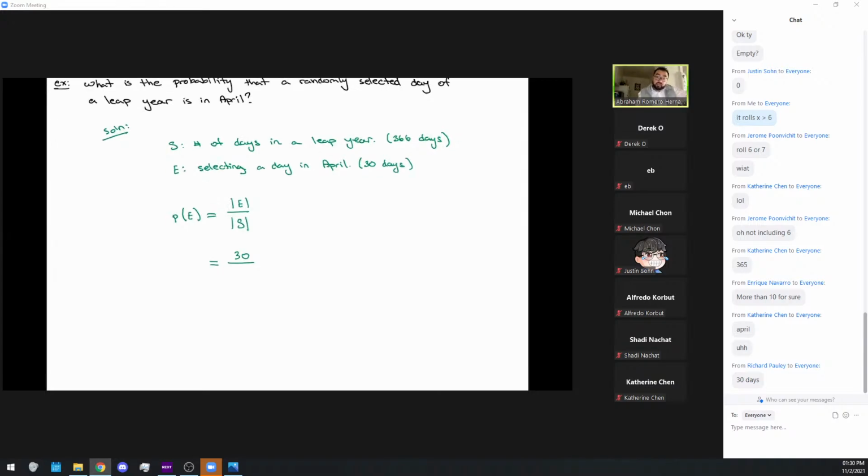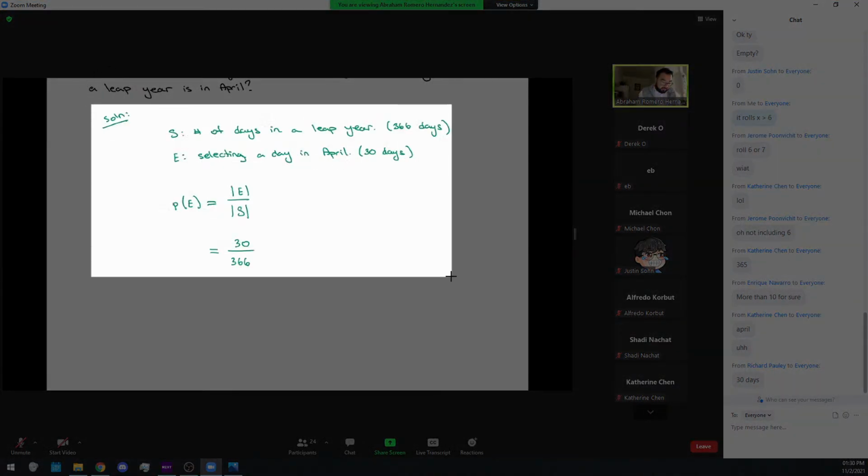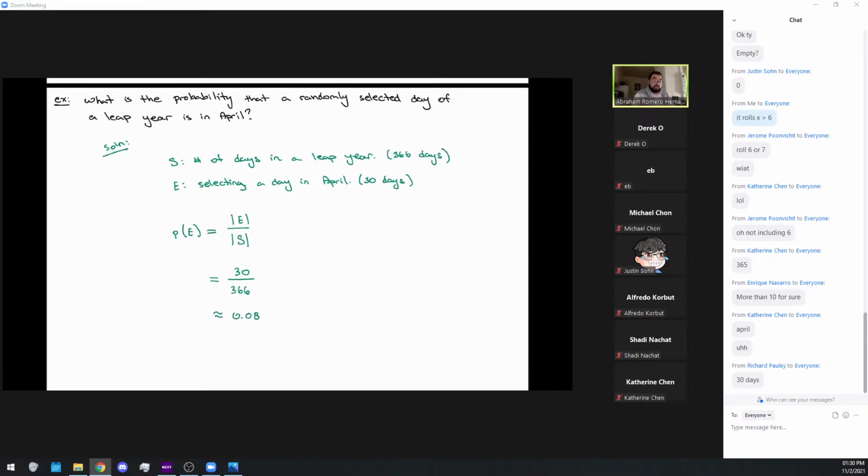So I'm going to take 30 and divide it by 366, and that's the answer. You don't have to do anything else. You can divide it using your calculator, which gives approximately 0.08 if we're rounding. If you want it as a percentage, there's an 8% chance of selecting a day in April that falls within a leap year.